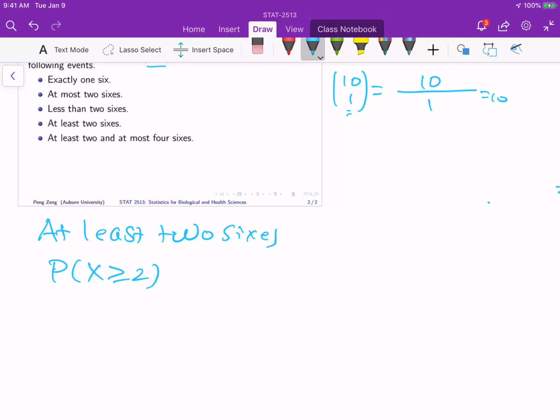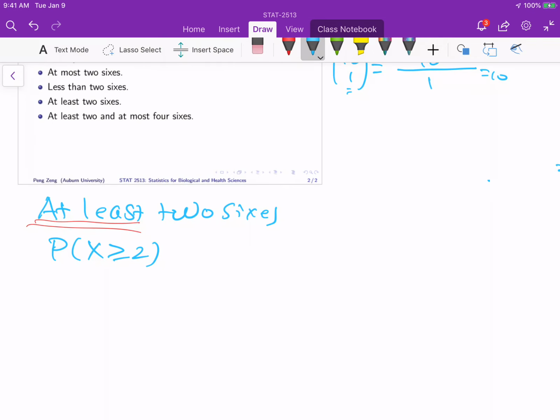Notice that if the problem involves at least, in most cases we will just try to consider the complement first. So if we know 1 minus probability x smaller than 2, then that will give you the answer, right?